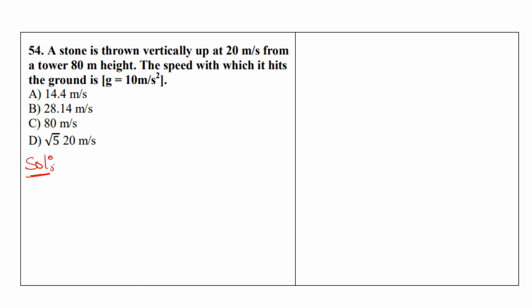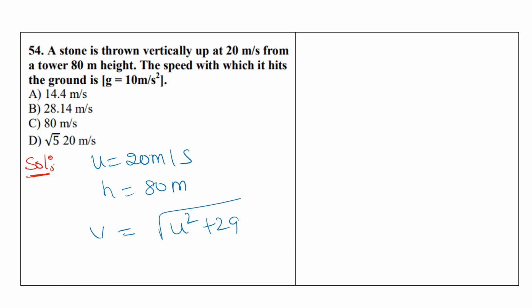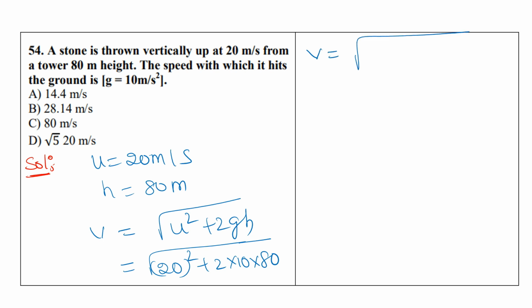v is equal to, here they have given u as 20 meters per second and h as 80 meters. We have to calculate the speed, so v is equal to root of u square plus 2gh. Substituting u as 20 whole square plus 2 into g 10 into h 80, v is equal to root of 20 square, that is 400, plus 2 into 10 is 20, 20 into 80 is 1600.